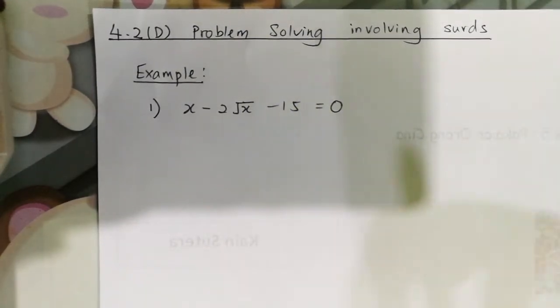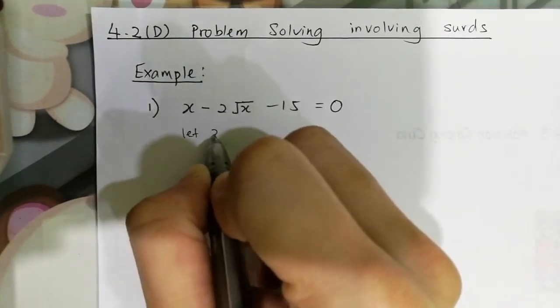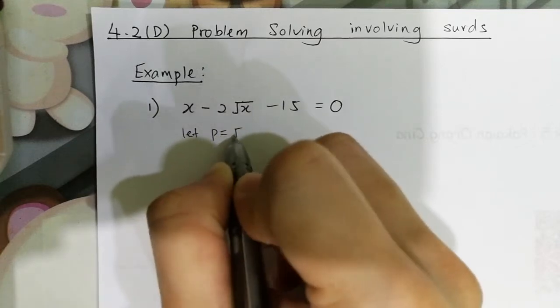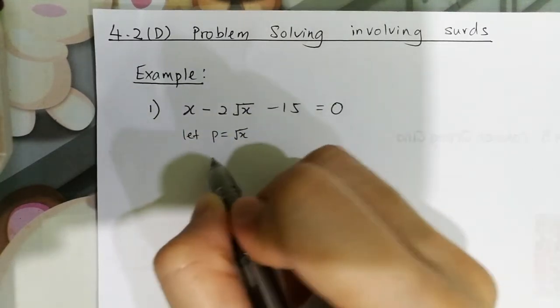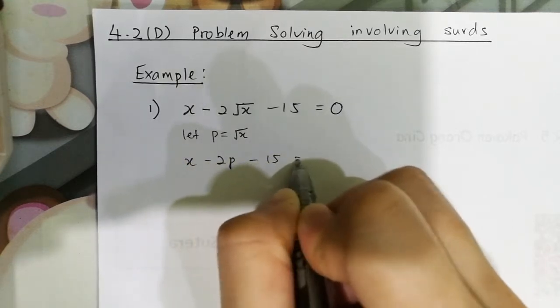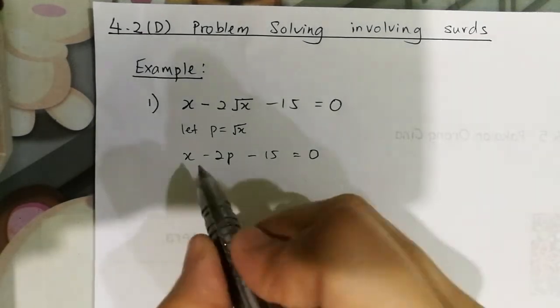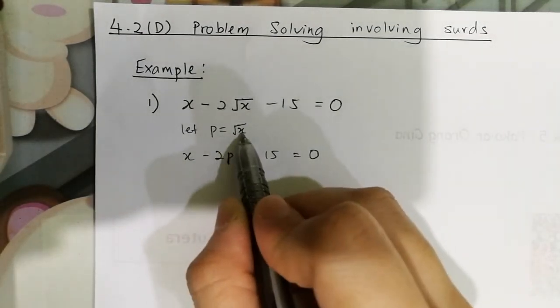Normally if you see the question is like no way to go, we will let p equal to the root of x, so that you can see 2p, 15. Sorry, you have p here, so you have to find the x.